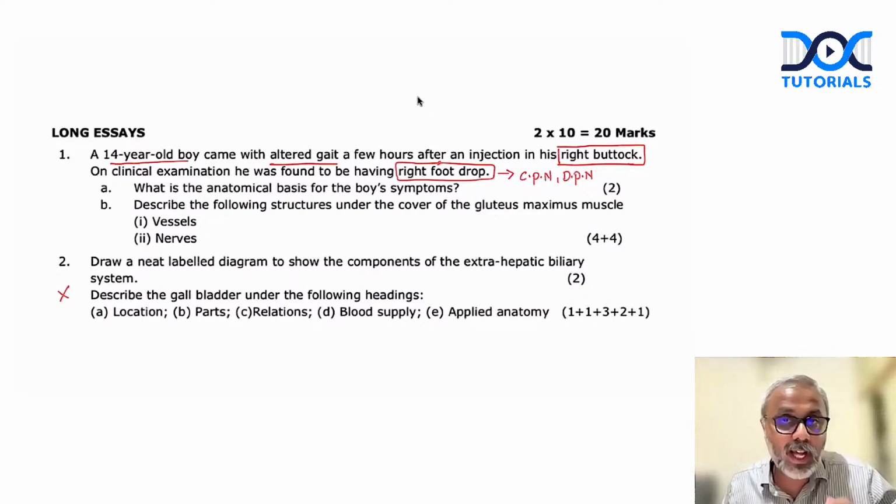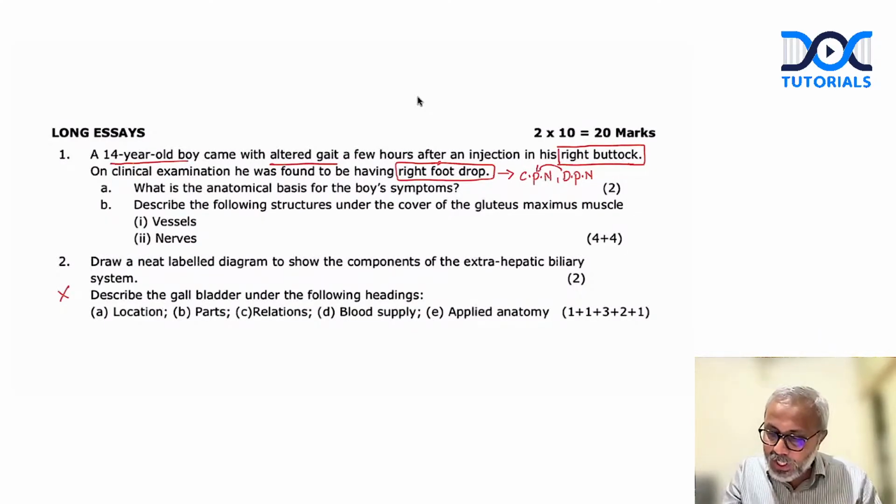These are also called as dorsiflexors. The muscles of anterior compartment of the leg are called as dorsiflexors of the foot. Paralysis of dorsiflexors results in foot drop. These dorsiflexors are innervated by the deep peroneal nerve, which is a branch of common peroneal nerve.